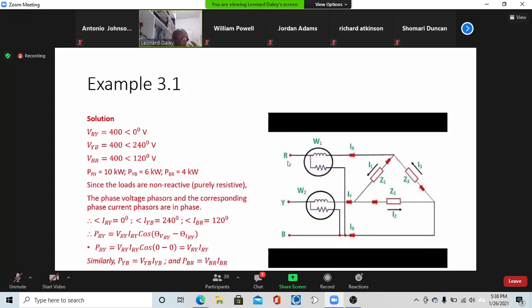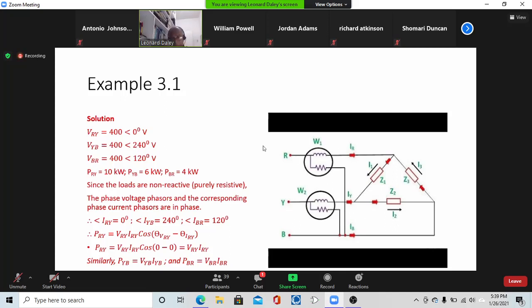All right. So we're given a delta connected circuit, and we were actually told what the loads were in each phase. Now we're going to use that information to find phase currents, right? And the relevant line currents and line voltages.